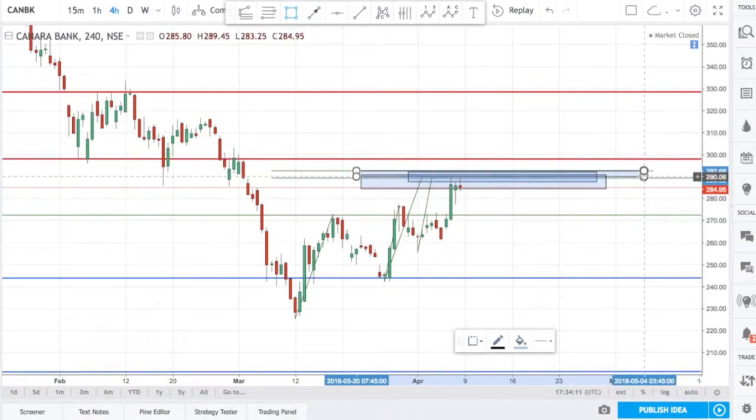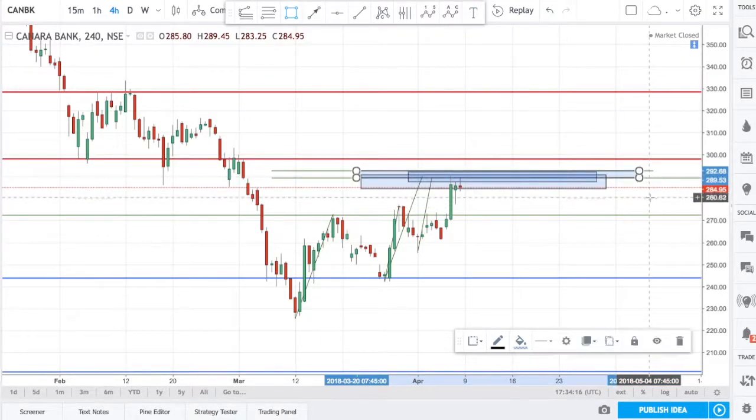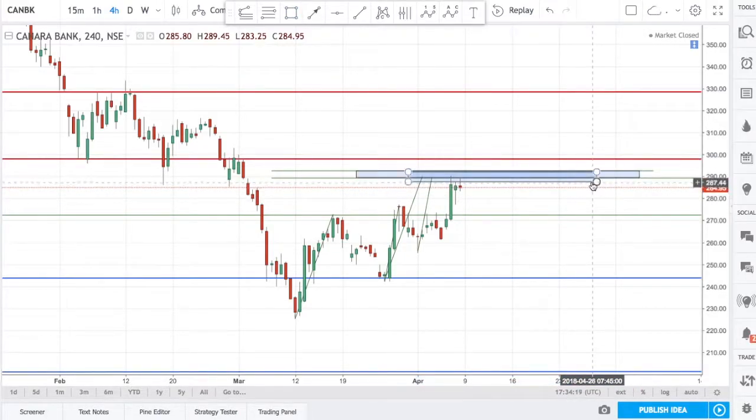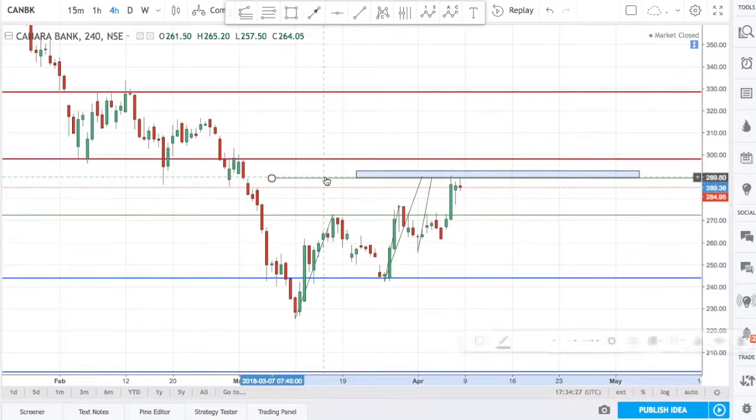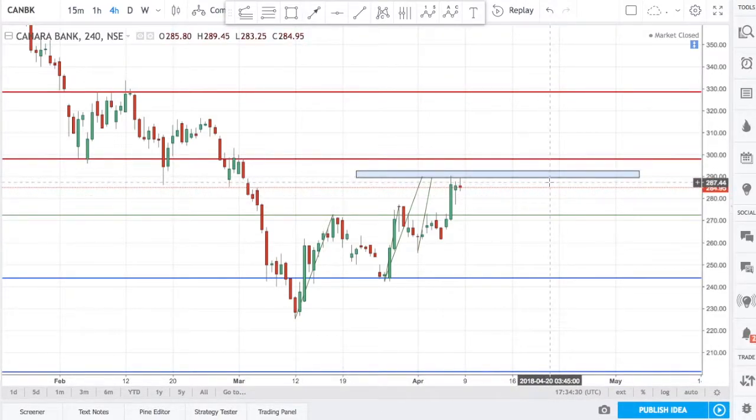We can take all these off and conclude this zone here is a pretty strong zone from where prices could reverse.